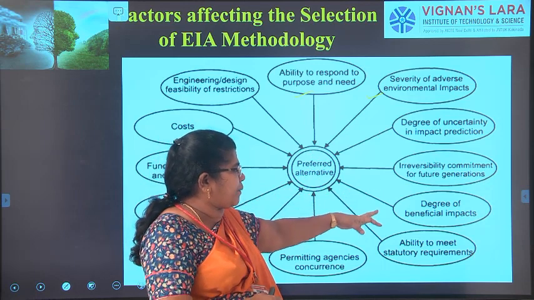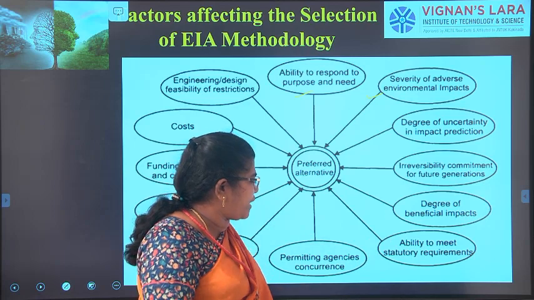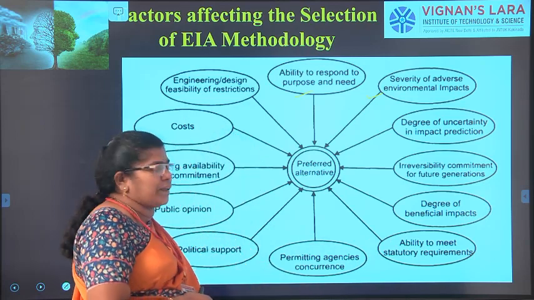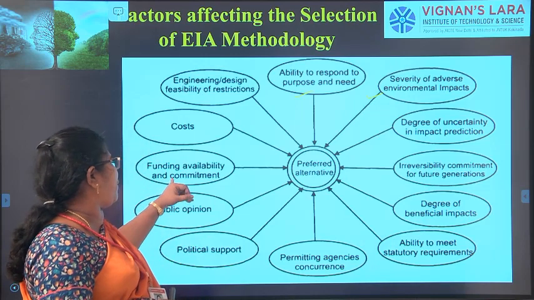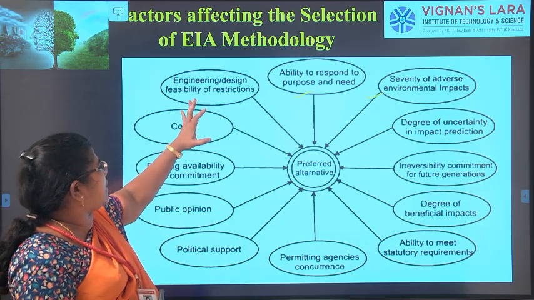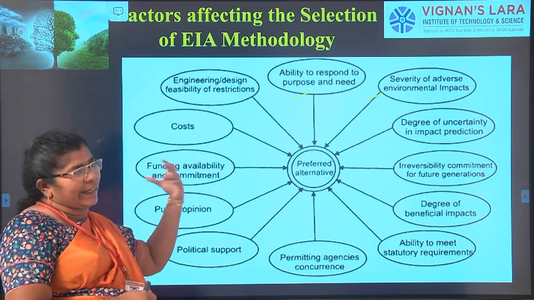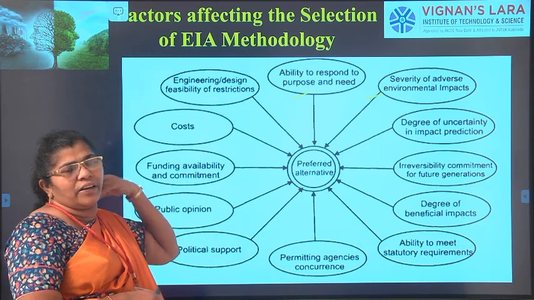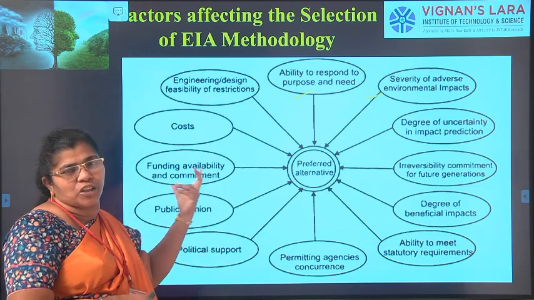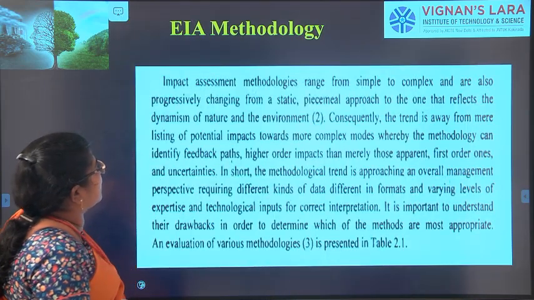Irreversibility commitment, degree of beneficial impacts, ability to meet statutory requirements, permitting agency concurrence, political support, public opinion, funding agencies, cost and design, and other restrictions. All of this has to be taken into account, along with the preferred alternatives. These are the different items to be considered when we are considering the different alternatives.